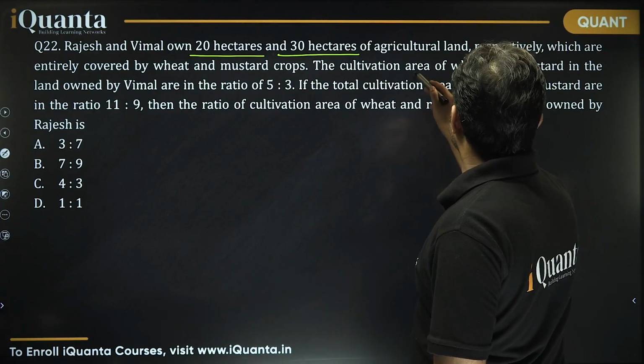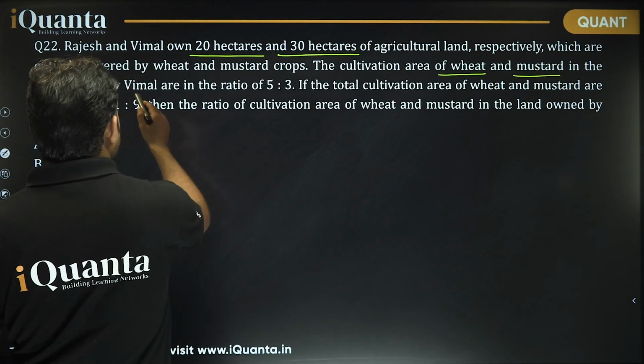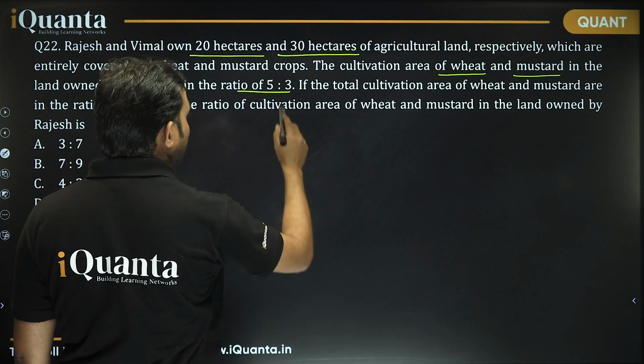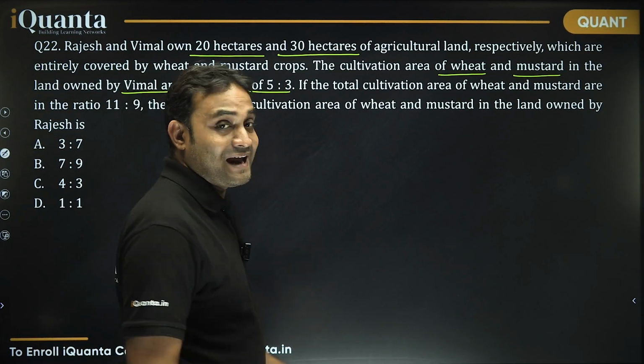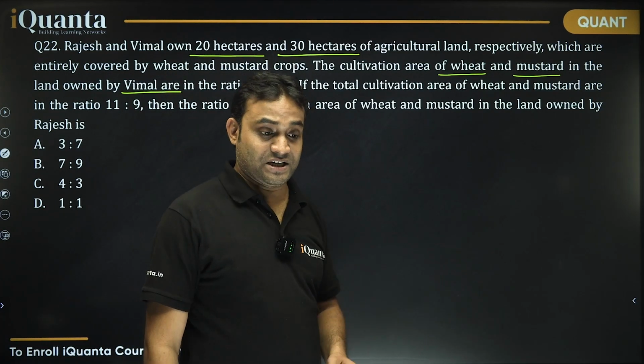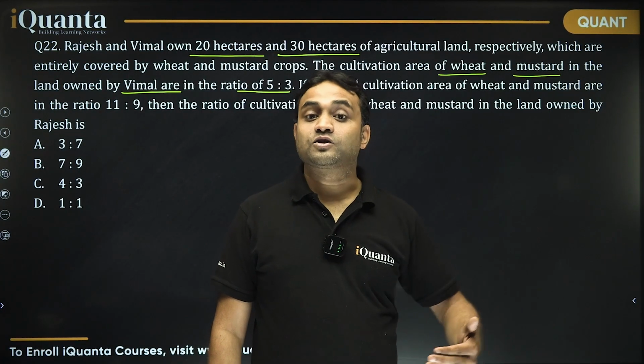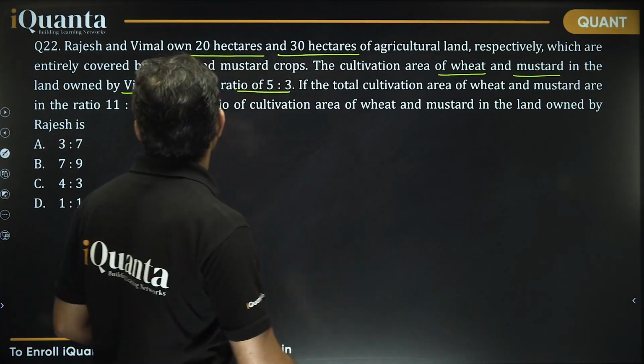The cultivation area of wheat and mustard in the land owned by Vimal is in the ratio 5:3. So whatever land is owned by Vimal, which is 30 hectares, out of those 30 hectares, 5 parts are wheat crops, 3 parts are mustard crops.